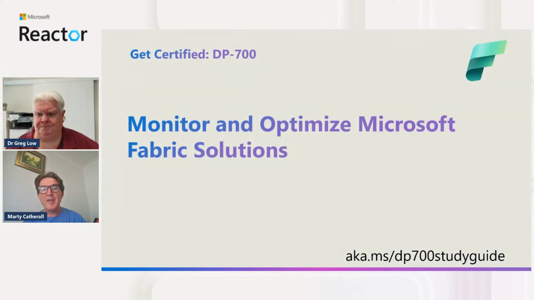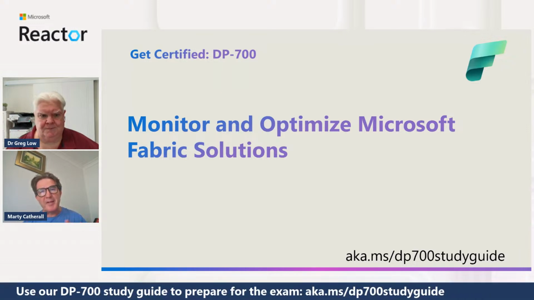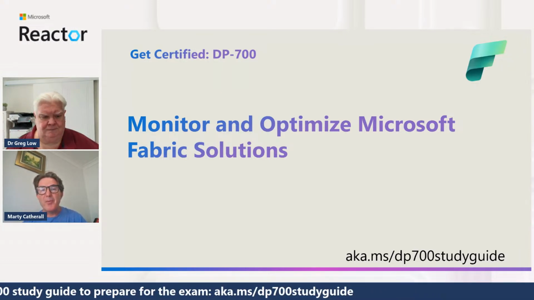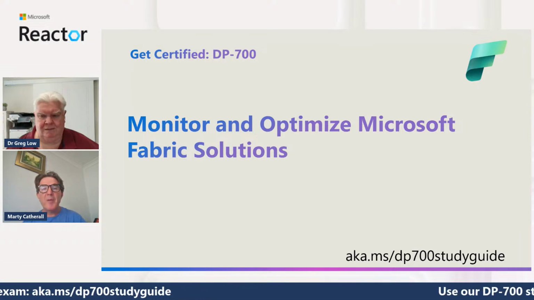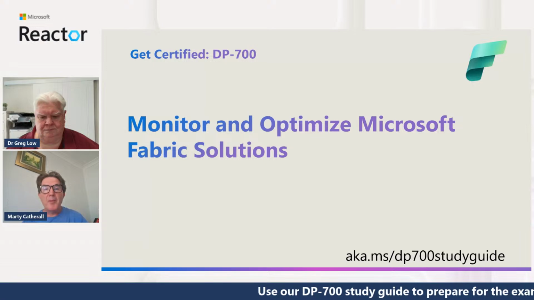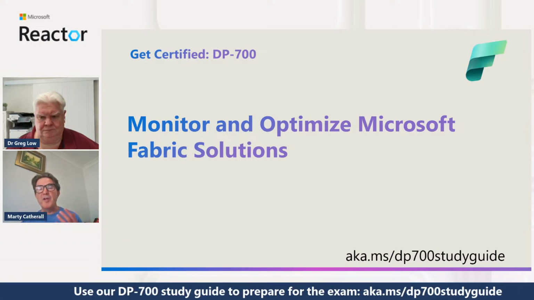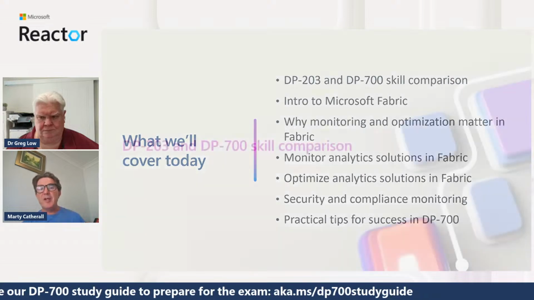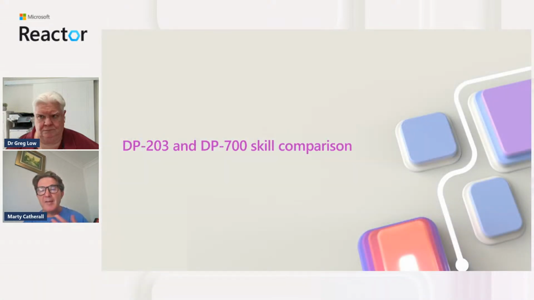Okay, so we're going to step through in a bit of detail how you can master the brand new DP-700 Fabric exam. There's a lot of crossover with the 203 exam going forward to the 700 exam. I think that, over the years, things have changed in the data warehousing, data analytics space, but the general principles of what we're doing have stayed very, very similar.